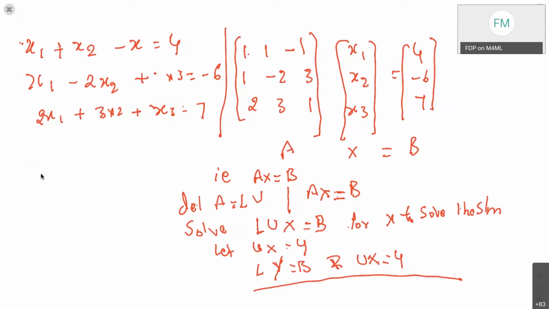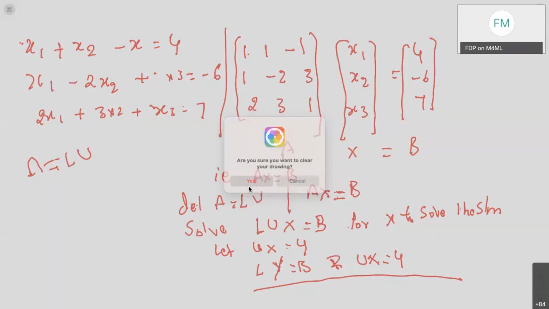So the thing here is we want to find A is equal to LU, right? Okay. Now how do I find this? How to determine these things? Okay. So let's go with this.